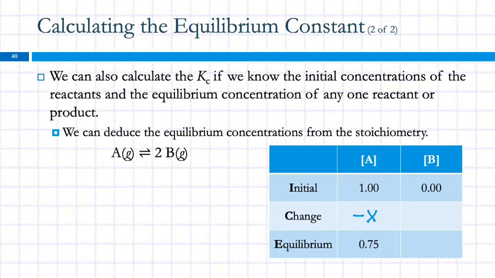It goes down by X. So if A goes down by X, I lose 1 mole per liter of A, I gain 2 moles per liter of B. So the change in A is related to the change in B by the stoichiometry of the chemical reaction. So B is going to increase by 2x. The 2 here is this 2 over there. Everybody with me on that? You okay with that?